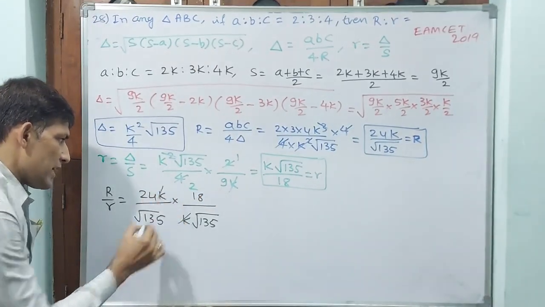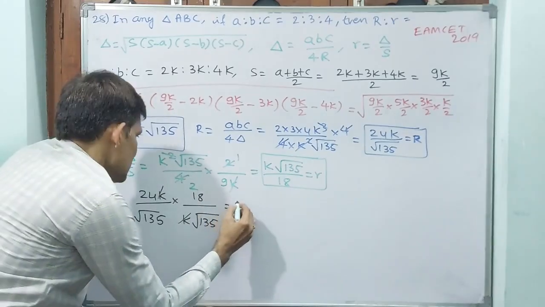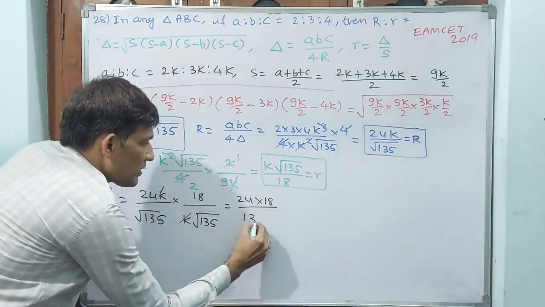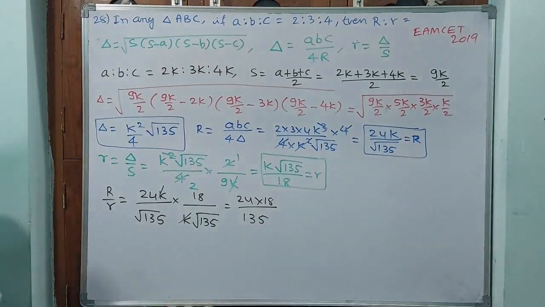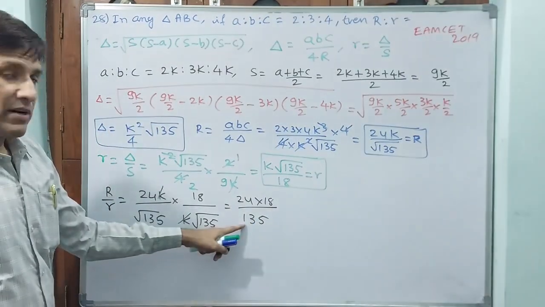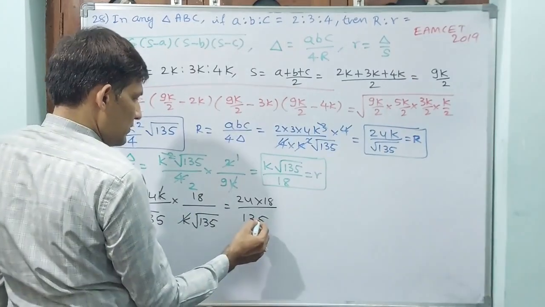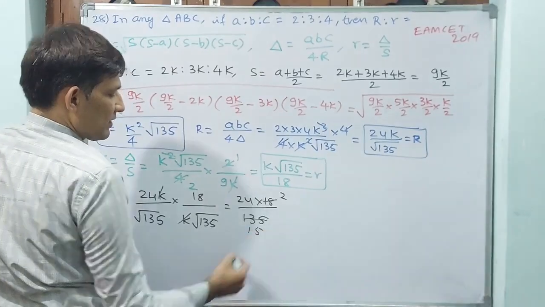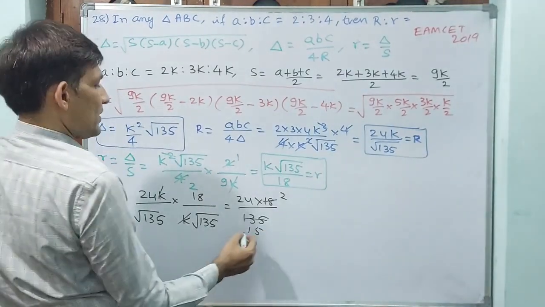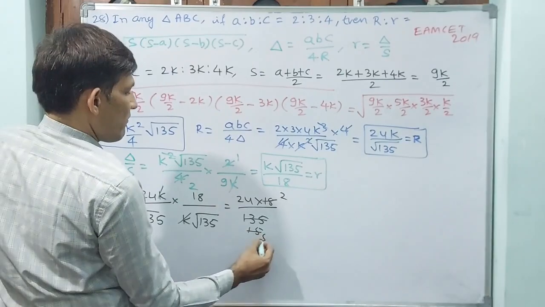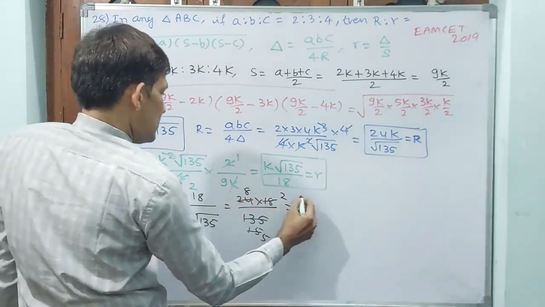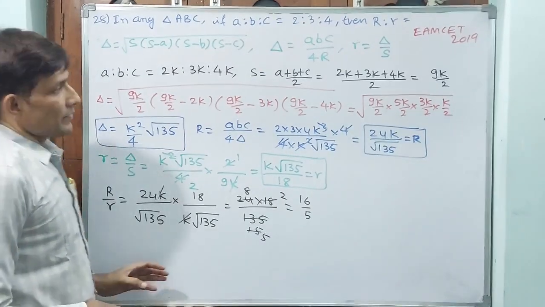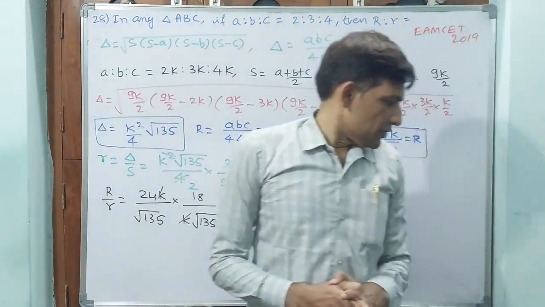See, k you cancel out, and here 24 into 18 by 135, root 135 into root 135 means 135 will be there. See, 5 plus 3 is 8 plus 1 is 9, that means with 3 it will go. 3 fives, 3 eights. Shall I say 16 by 5? Answer. 16 by 5.